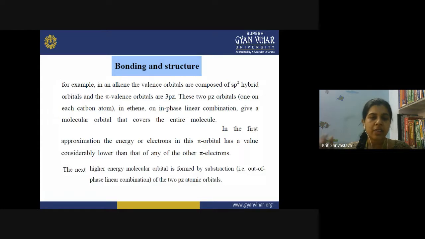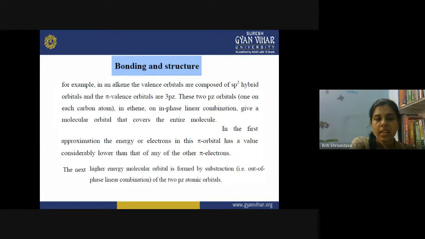Then the next higher energy molecular orbital is formed by subtraction, or you can say the out-of-phase linear combination, and that also we have seen is the pi anti-bonding molecular orbital. How is an anti-bonding molecular orbital formed? By the out-of-phase linear combination. So this is the LCAO-MO method, and we have applied this to the ethene molecule several times, and we have already seen what type of molecular orbitals are formed.